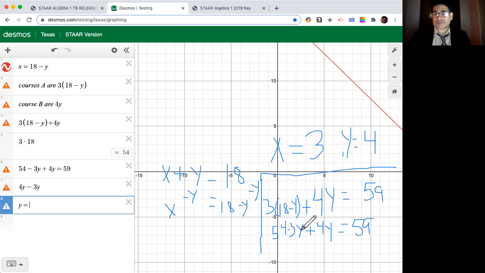54 minus y. We now have 54 minus y equals 59. Take away 54 from each side. Cancels out the 54.